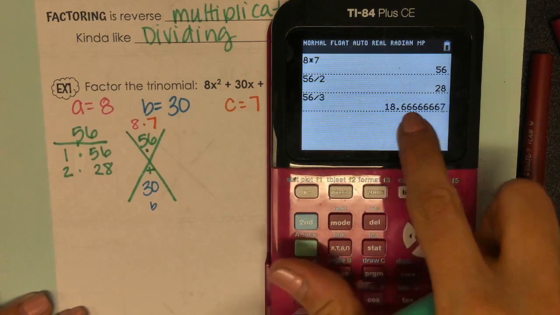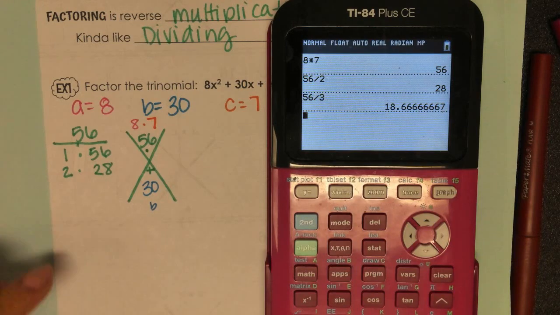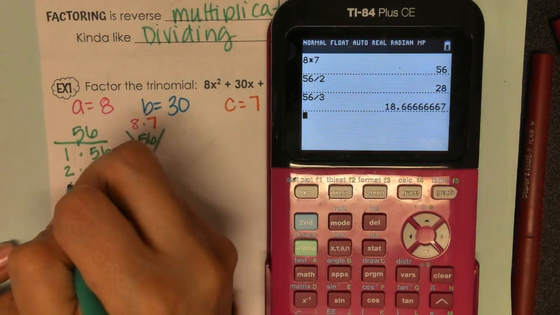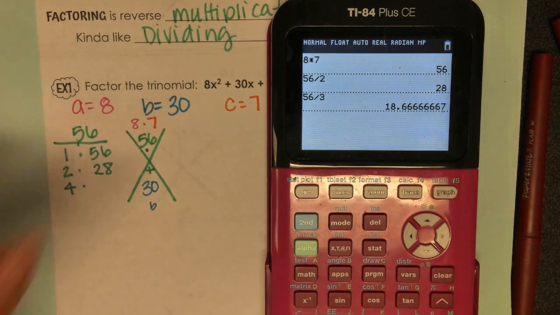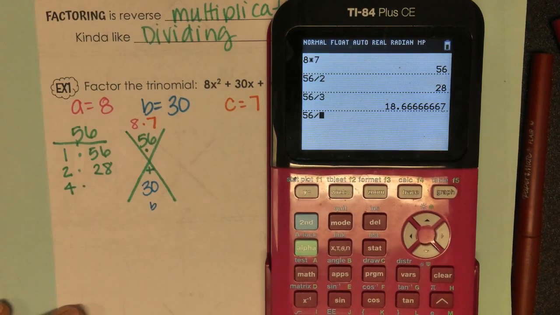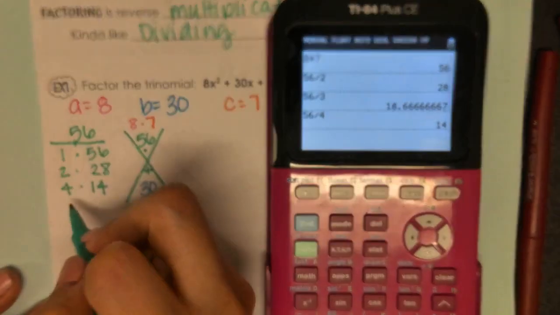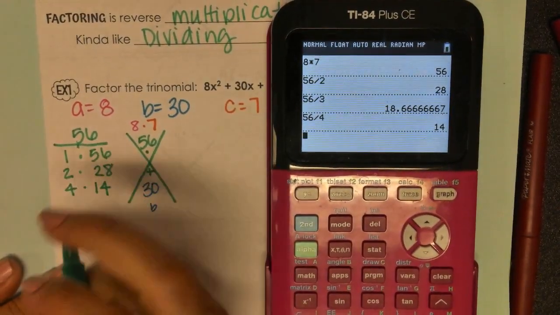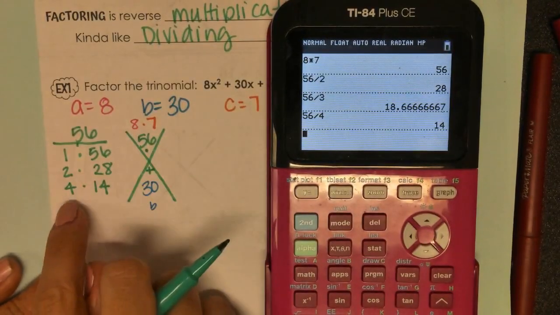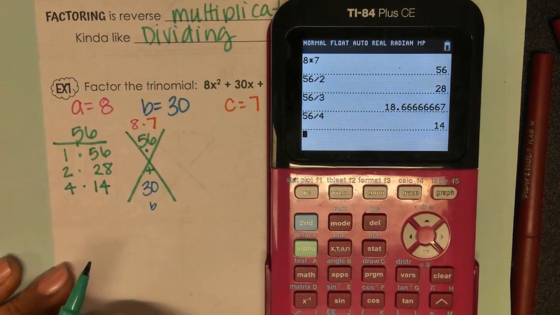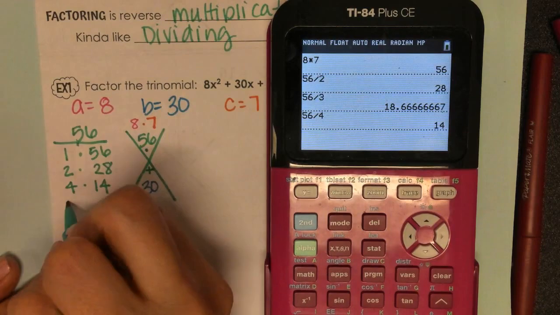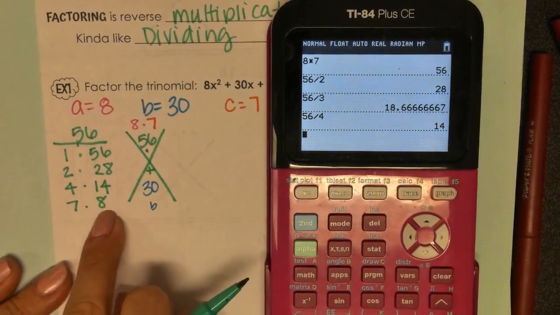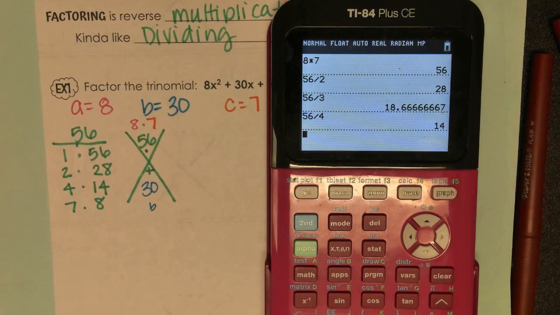Or 56 divided by 3 is an ongoing decimal. 4 can. I don't remember my divisibility rule for 4, but I know 4 goes into 5 once, and then that leaves 16, which means 4. So 56 divided by 4 is 14. 5 cannot because it ends in 6, not 5. 6 cannot because it's not divisible by 3. In order to be divisible by 6, it has to be divisible by 3 and by 2. 7, we know can because we just did that to get 7. So 7 times 8. And then 8, we start back over. So these are all my possible combinations of 56.